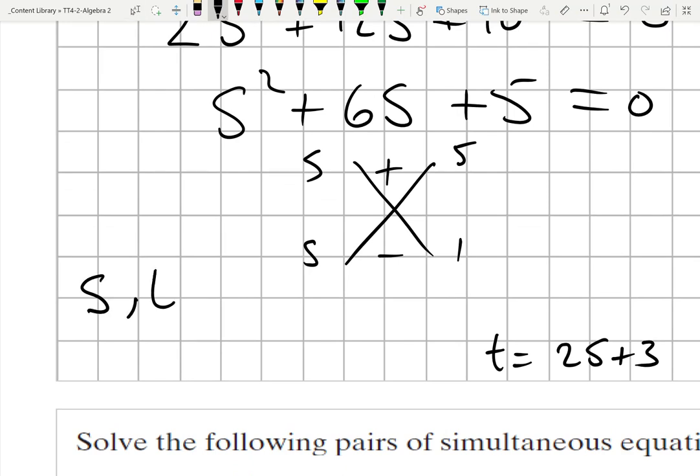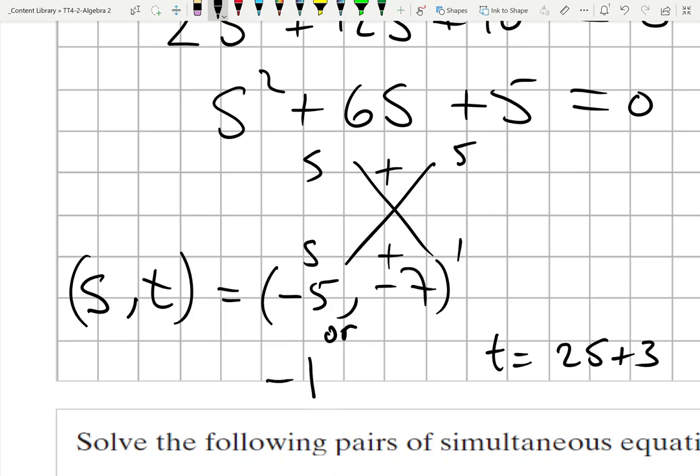Or, what happened here? That's a plus. Or minus 1. 2 times minus 1 minus 2 and 3 is 1. ST is that or that.